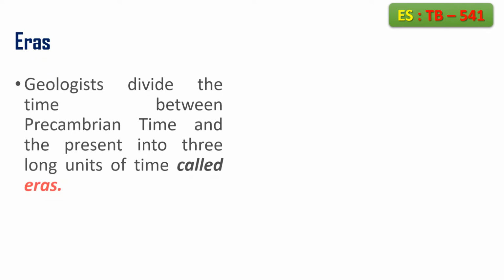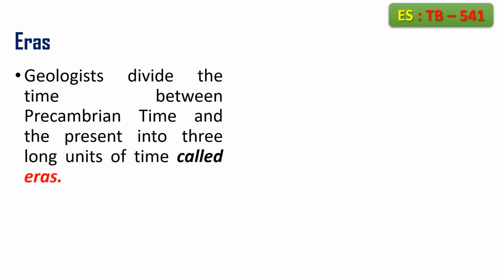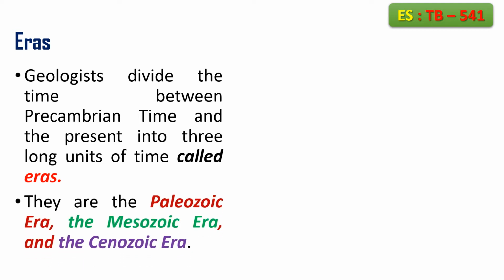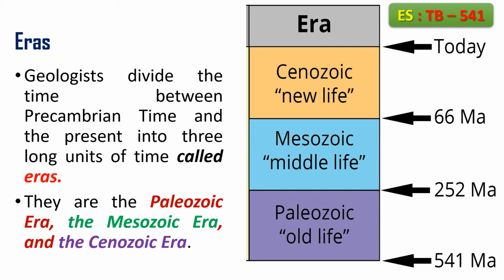Eras. Geologists divide the time between Precambrian time and the present into three long units of time called eras. They are the Paleozoic era, the Mesozoic era, and the Cenozoic era. Look at the diagram.